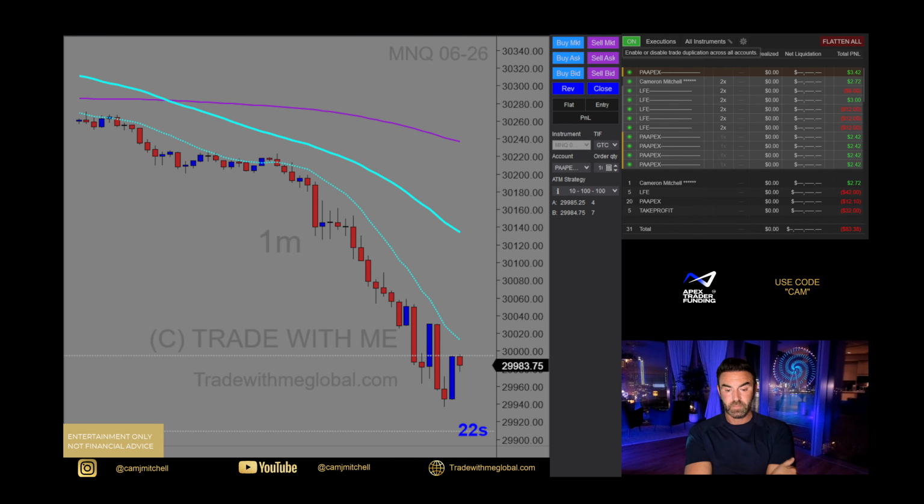Okay, so short-term momentum has just slowed. We still have lower highs, so very, very clearly sellers lowering their prices. So trend's down, momentum's down.